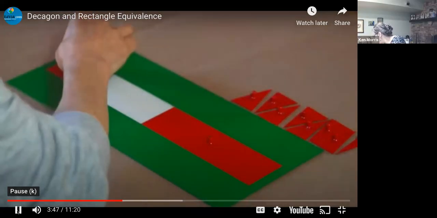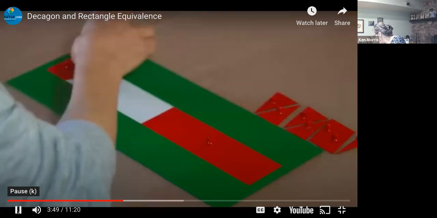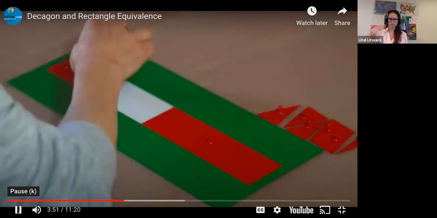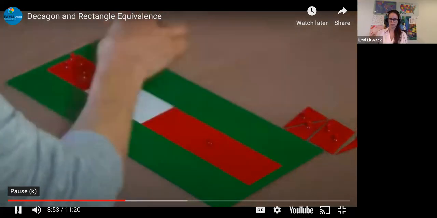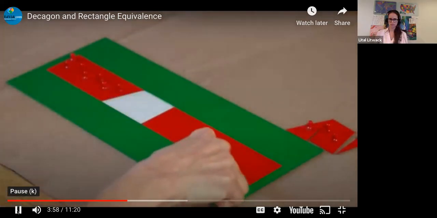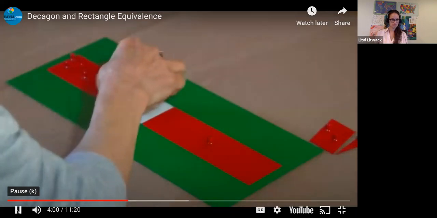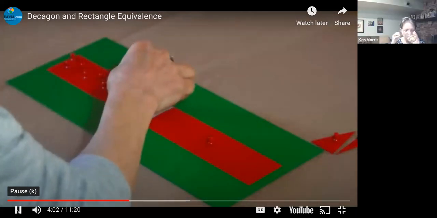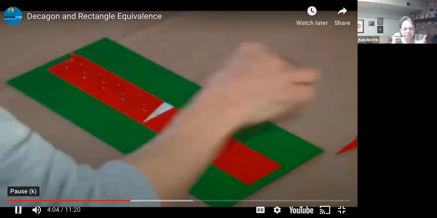So inset number 15 shows us 2 rectangles, a whole rectangle and a rectangle that's divided into triangles.